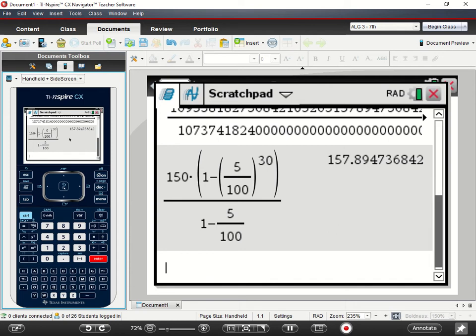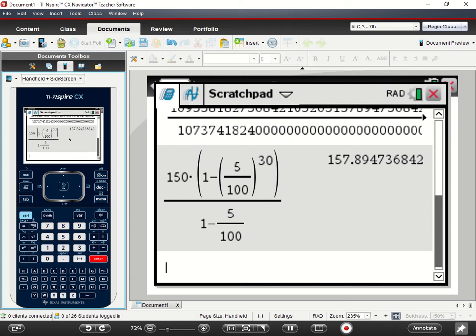It's parentheses 1 minus 5 over 100, parentheses, to the 30th power. I don't have parentheses over the 5 over 100, which I should have had, right? Yes, because you're taking the whole thing to the 30th power. We only need to take the 5 over 100 to the 30th. I know, and that's why we're practicing in the calculator.